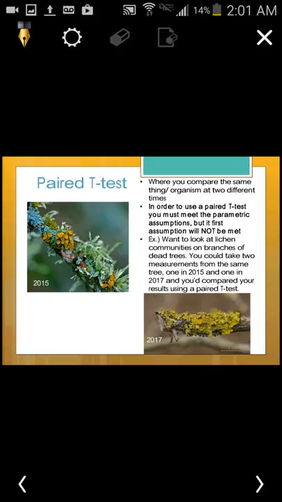For example, you want to look at lichen communities on branches of two dead trees. You could take two measurements from the same tree, one in 2015 and one in 2017, and compare your results using a paired t-test.